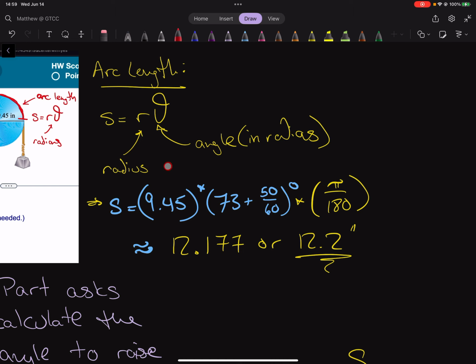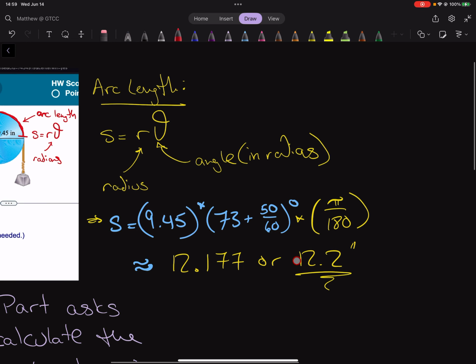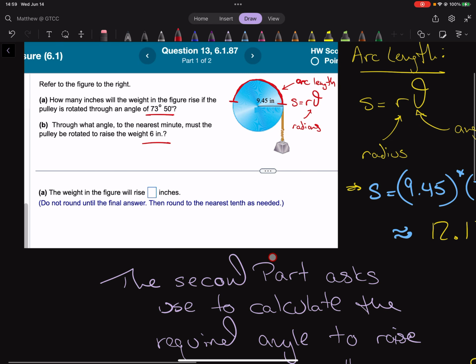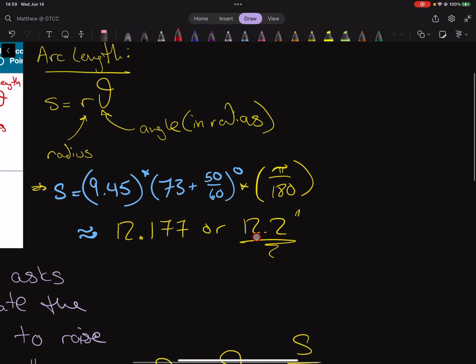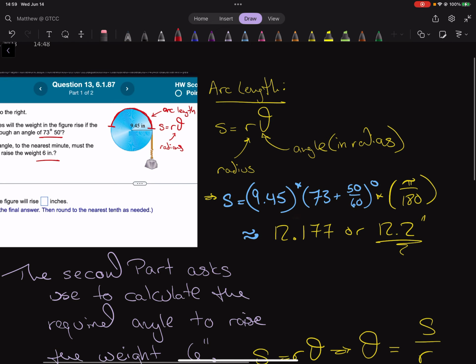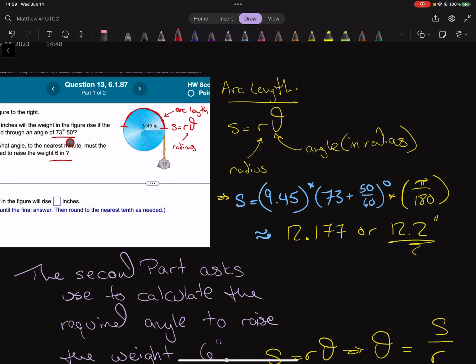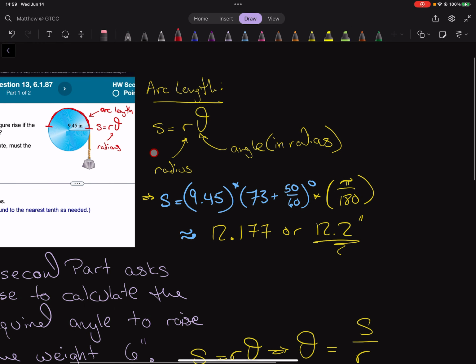I end up with 12.177 and some change, but the problem asks us to round to the nearest tenth, so I get 12.2 inches. So if I rotate this pulley through an angle of 73 degrees and 50 minutes, the weight will move up a distance of 12.2 inches.